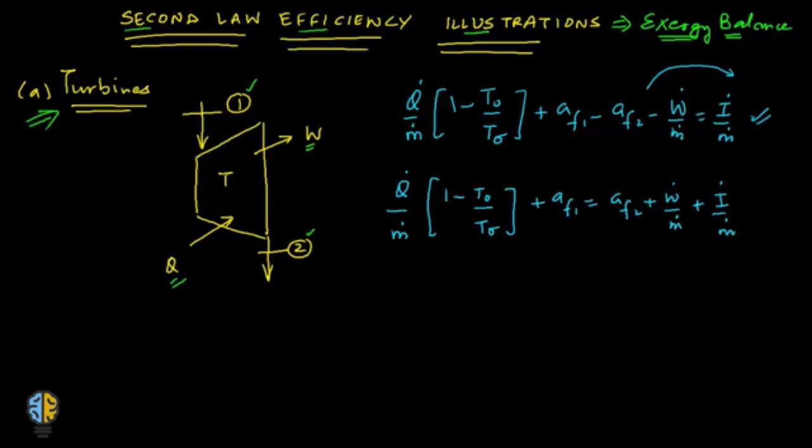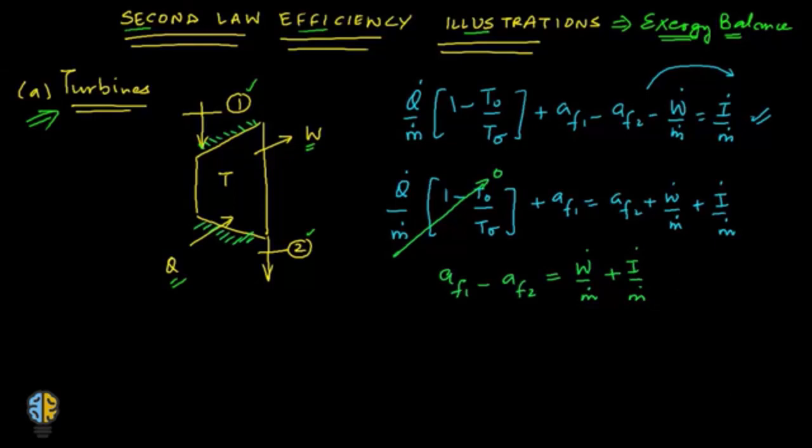Now if I assume that there is no heat loss, this whole term would become 0, given that the turbine is adiabatic. You can put an insulation on the casing of the turbine, so there is no heat loss. So this equation would be reduced to AF1 minus AF2 is equal to W dot upon M dot plus I dot upon M dot.